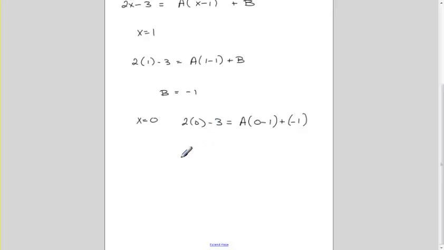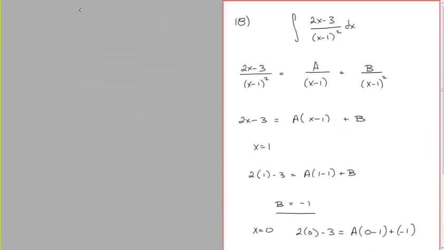So here on the left-hand side, we'll have -3 is equal to -a, because we have -1 times a is -a, minus 1. So we'll add 1 to both sides. That'll give us -2 is -a. Therefore, a is 2. So we have b is equal to -1, a is equal to 2.